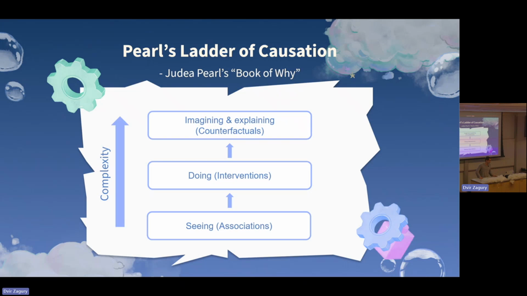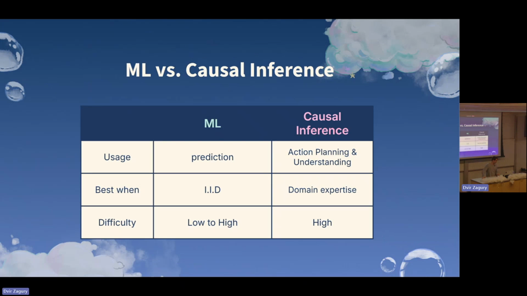This is from Judea Pearl's Book of Why, which is a great pop sci book about this. We're just talking about interventions, doing stuff, and imagining or explaining counterfactuals. And so again, the main usage of machine learning is prediction, whereas causal inference is actual planning, action planning or understanding.